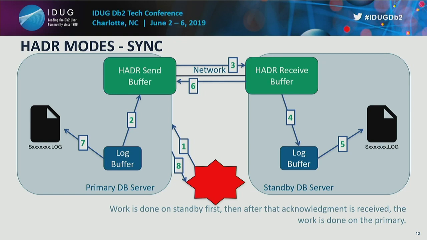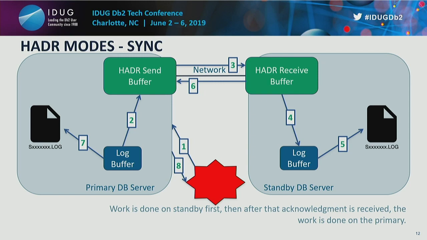Now notice, in this case, the work is done on the standby first, and then the work is completed on the primary. Now, notice that in the middle of my commit, instead of just having one write to disk here, I have not only sending it to memory, sending it over network, and then writing out to disk on another server, and then sending it back over network the other way.